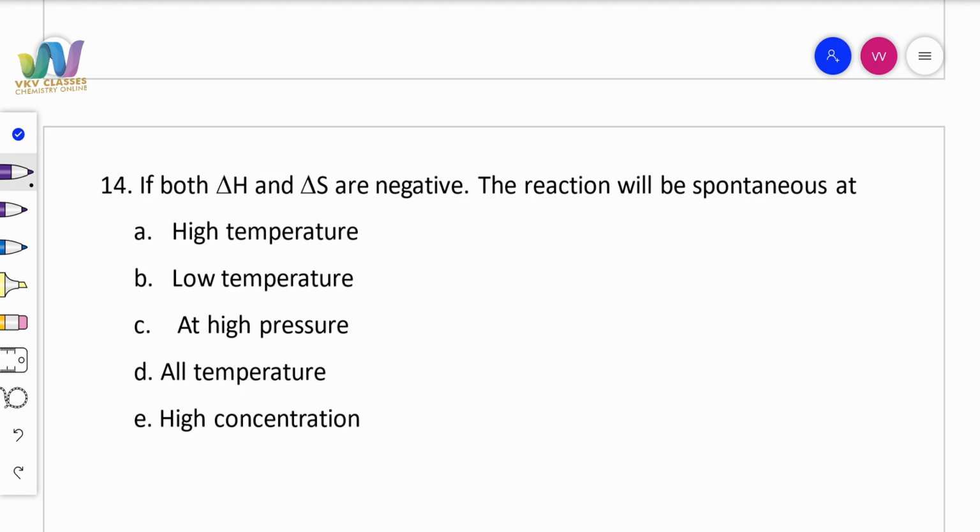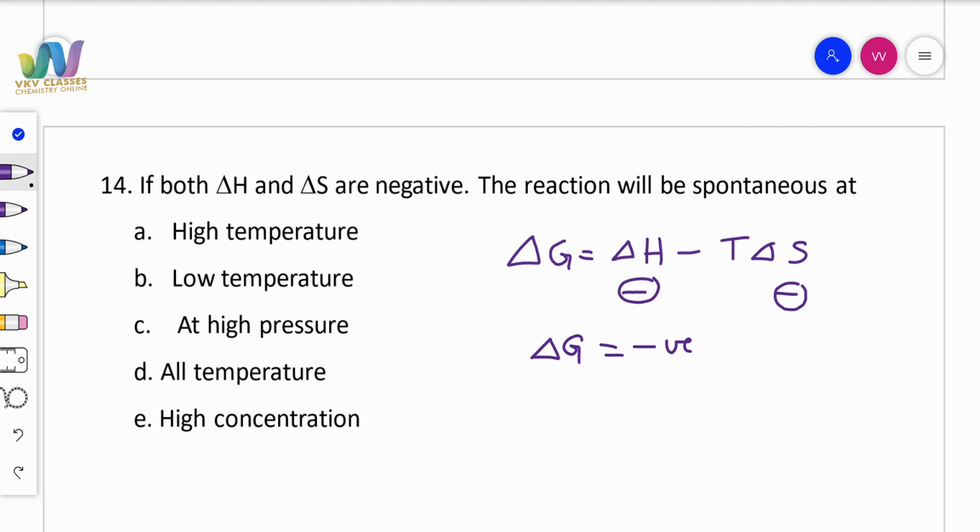If both delta H and delta S are negative, the reaction will be spontaneous at. So we have the Gibbs-Helmholtz equation. Delta G is equal to delta H minus T delta S. Here it is given delta H is negative, delta S also is negative. So negative of negative becomes positive, and the reaction will be spontaneous only when delta G is negative.